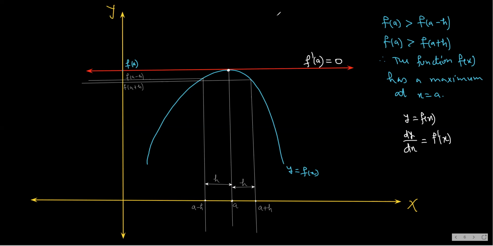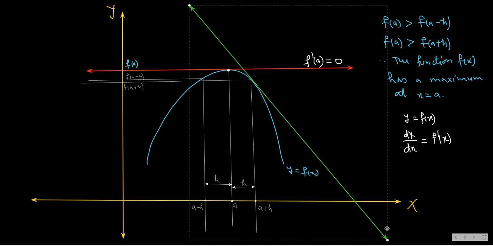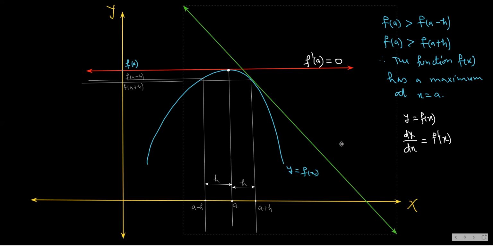Now, next, I go for two more tangents. Let me go for a tangent at x equals a plus h. So here I have a tangent at x equals a plus h.